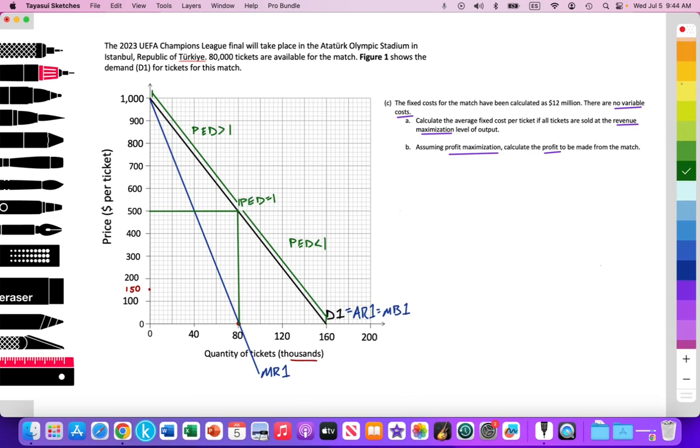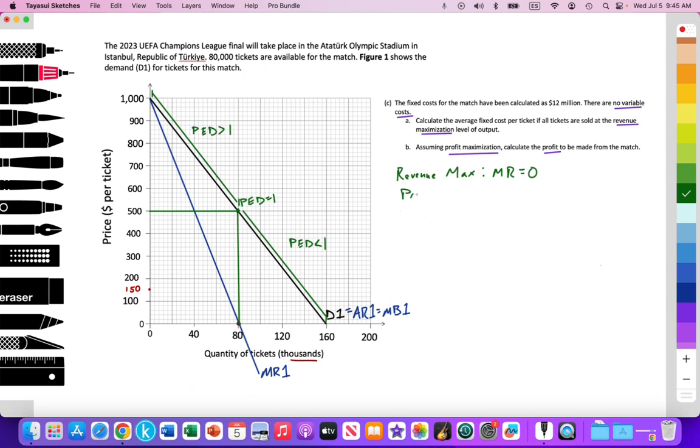You should know that revenue maximization follows the rule of producing where the marginal revenue curve equals 0. And there are links in the video notes below to video tutorials that go into much greater detail as to why total revenue is maximized where MR hits 0. And we also know that the PED value is unit elastic, PED equals 1.